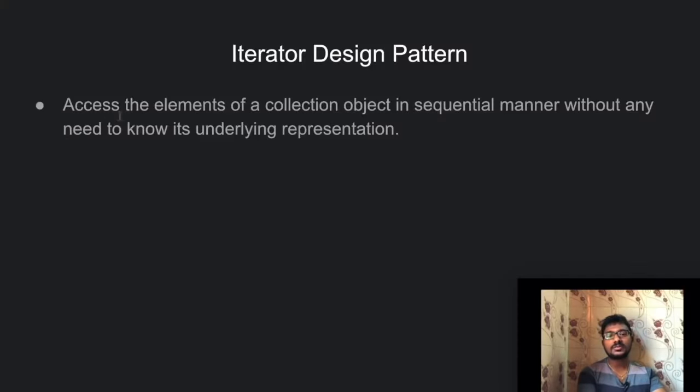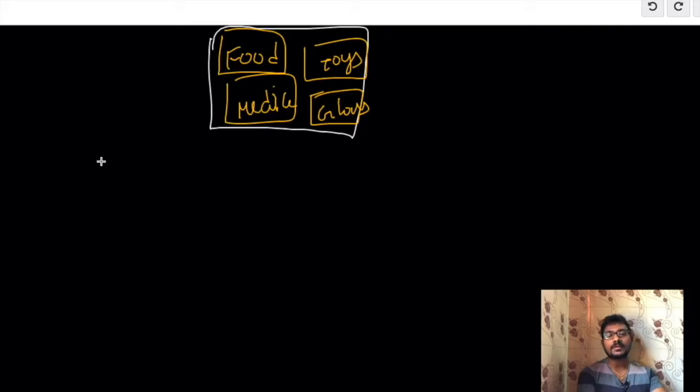So this point states that we access the elements of a collection object in a sequential manner without needing to know the underlying representation. If this container needs to be delivered to a person in Chennai, this is that person, the owner of the container.